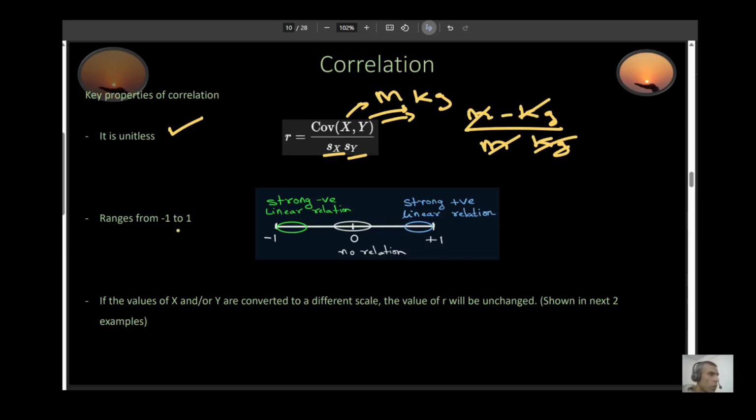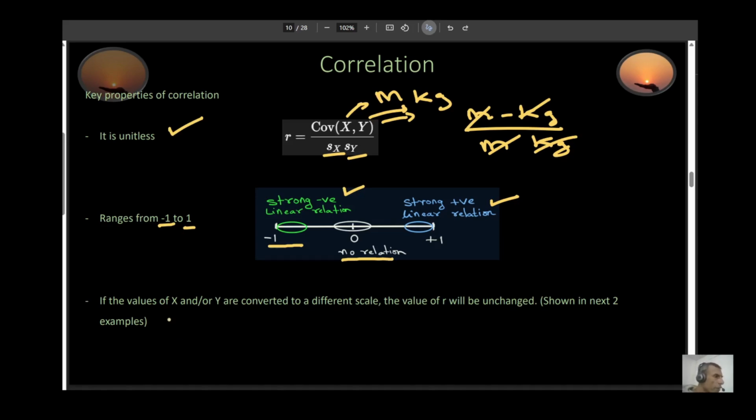And the correlation always ranges from -1 to +1. If it's -1 or near -1, that would indicate a very strong negative linear relationship. On the other hand, if it's closer to +1 or +1, that would indicate a strong positive linear relationship. If your value is near 0 or 0, that would mean your x and y have no relationship.